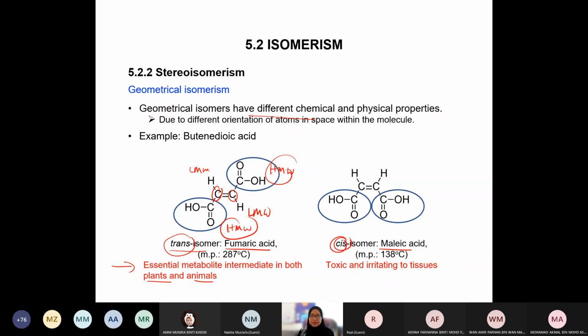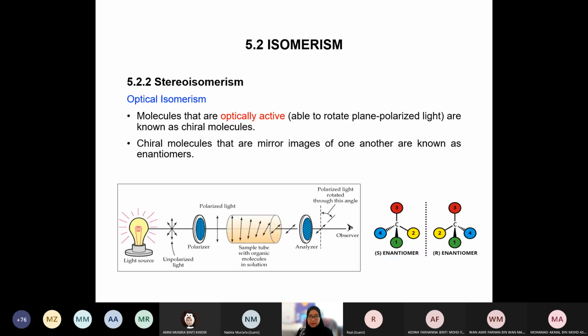So geometrical isomerism is about cis and trans. You have to take note of the two rules for a molecule to have geometrical isomers. All right, so that is all for geometrical isomerism.